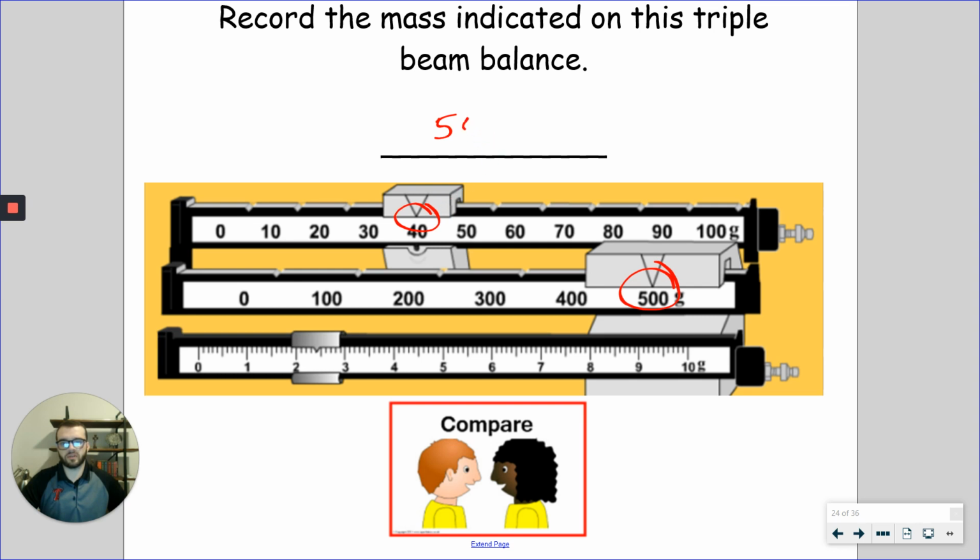We got 40, 542.123.4, and the unit is grams. Just making sure that we know how to read a scale. Nothing's left to interpretation. It looks like that's right over the 0.4 section, so we don't have to guesstimate at all.